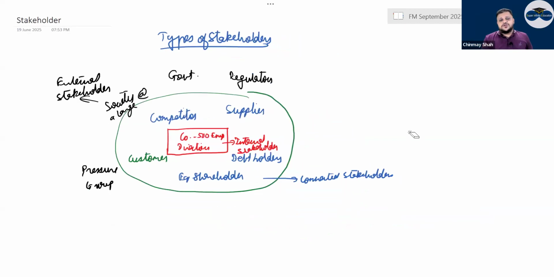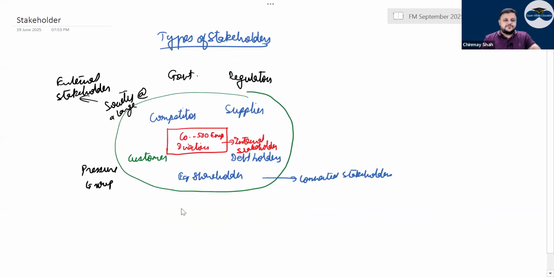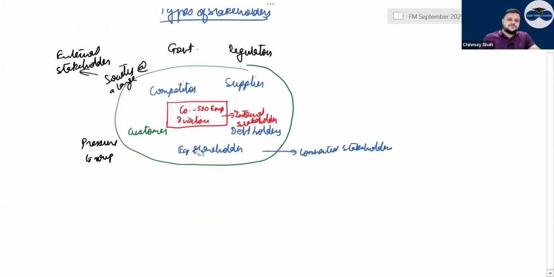Now a lot of people say, sir, in some books, only two types of stakeholders are given. In that case, your connected stakeholders are external stakeholders, right? Otherwise, three types: internal, connected, and external.